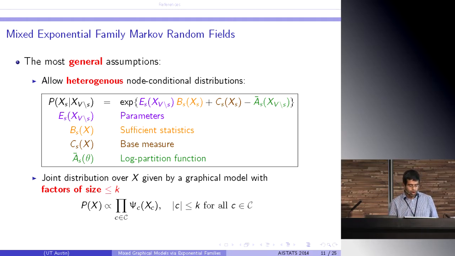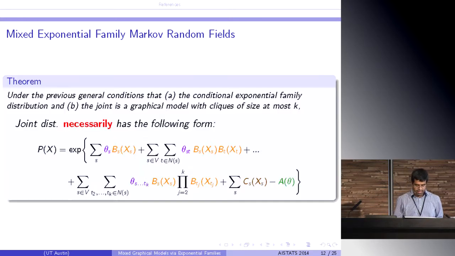I'm not going to make any further assumption on this function. And my joint distribution, I want to be a product of local factors, each of which has size at most k. So I'm making these two assumptions, and I'm asking, is there a joint distribution that satisfies these very general assumptions? And we have a theorem that says yes.